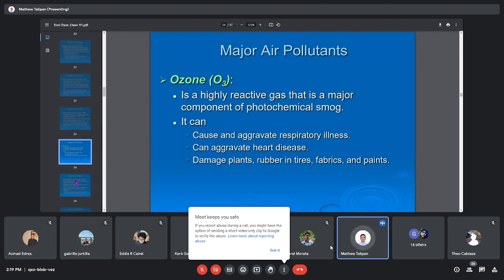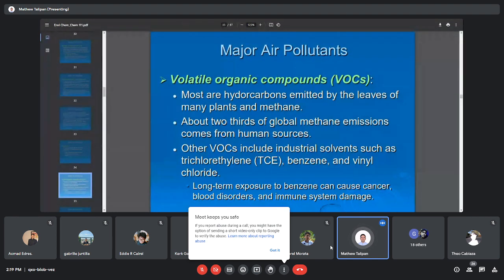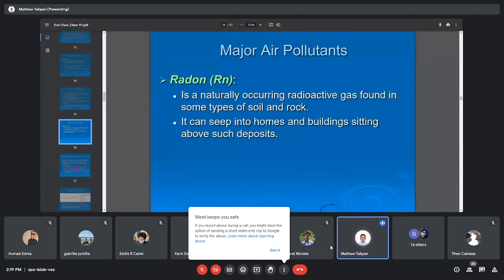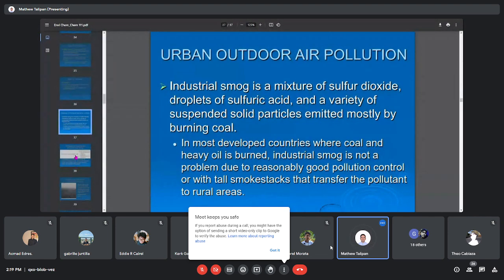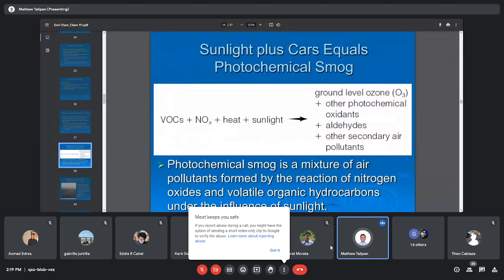Photochemical smog is usually very evident in urban areas, and includes volatile organic compounds, solvents that can easily vaporize and mix with other pollutants in the air to form photochemical smog. It's called photochemical because it is catalyzed by the action of sunlight.